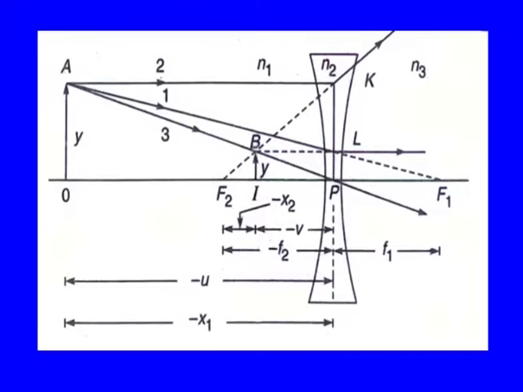Now, to obtain a relationship in this case, we shall make use of similar triangles. Consider the triangle AOP and the triangle BIP, and they will give some sort of a relationship between the various quantities involved here.